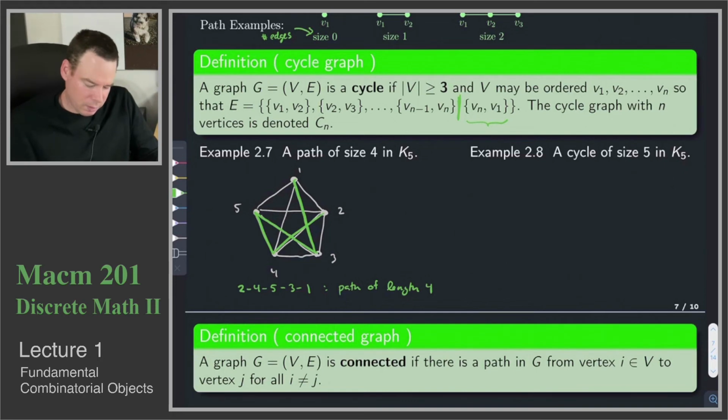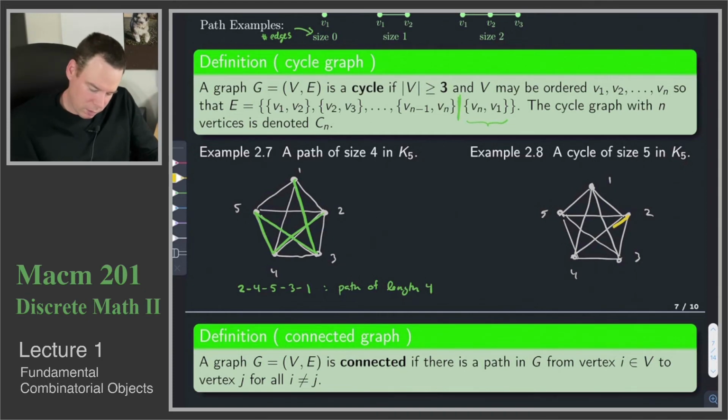How about a cycle of length or size 5 in K5? So again, we'll write out K5 again. 1, 2, 3, 4, 5. We'll throw in all the edges. And now we're interested in a cycle of length 5.